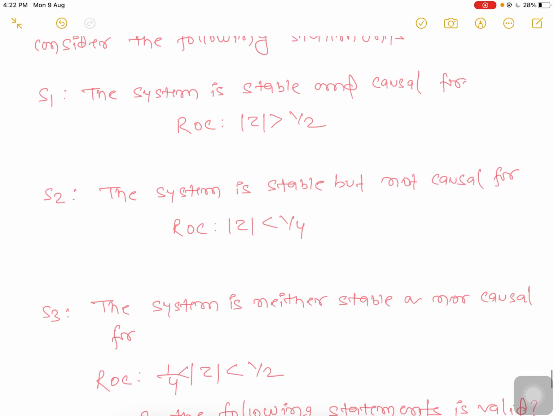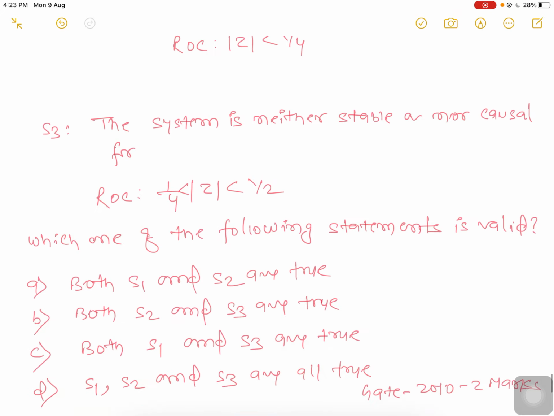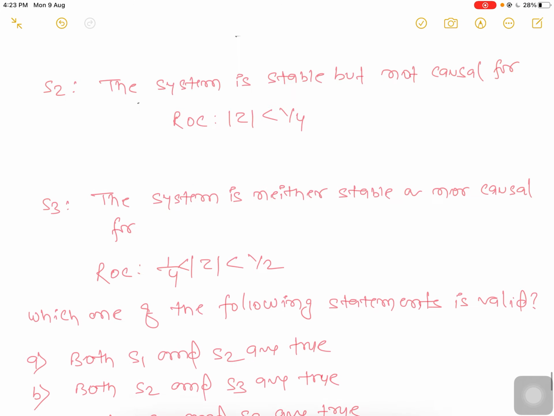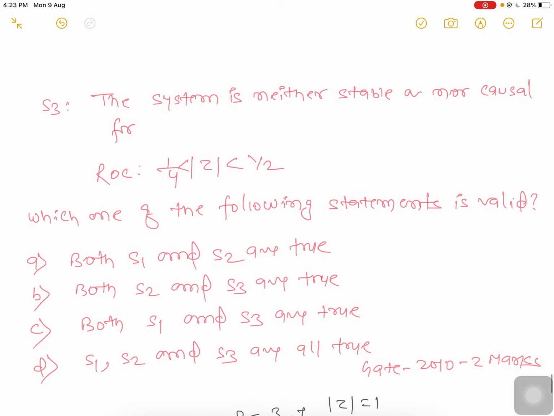See, S1: the system is stable and causal for ROC mod z greater than 1 by 2. Stable is okay. S2: the system is stable but not causal. Here it is not stable, we have checked it.